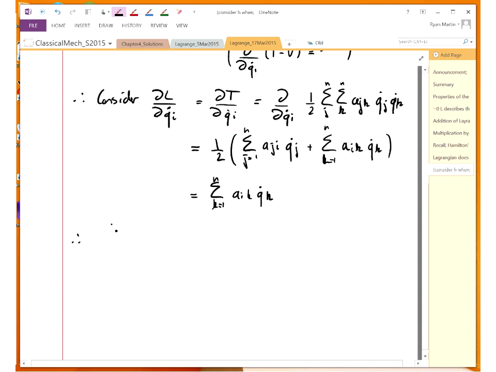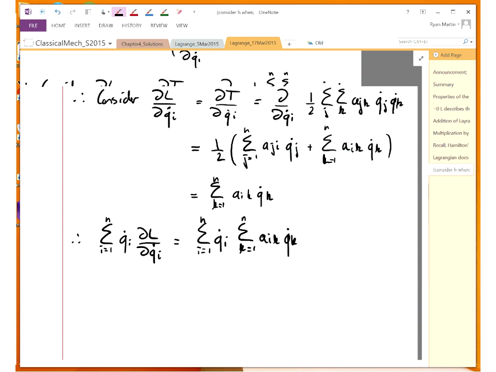What we really need in the term H is the sum from i equals 1 to n of q_i dot times ∂L/∂q_i dot. That's the sum from i equals 1 to n of q_i dot, and then the ∂L/∂q_i dot we just calculated, that's the sum from k equals 1 to n of A_iK q_K dot.